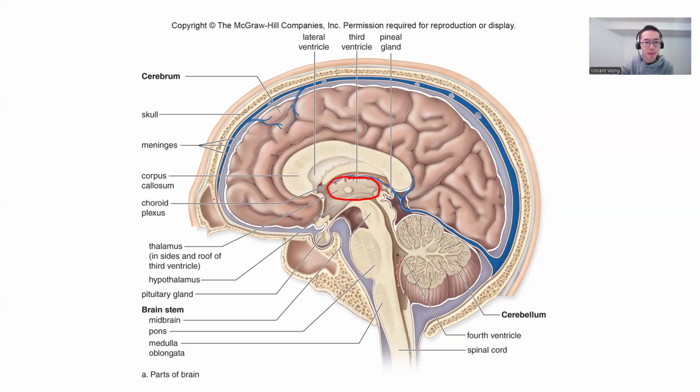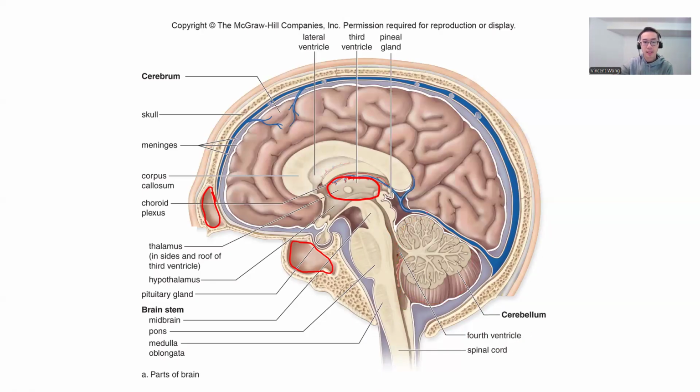A couple other things you might notice are these cavities in the bones. Those are actually your sinuses. We learn about sinuses in the respiratory system. They help warm up the air and add some moisture to it as we inhale. Once again, at the back we have the cerebellum, and that little distinctive triangle shape right here, that is the fourth ventricle.